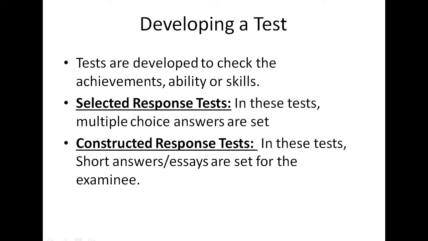And constructed response test. In these tests, short answers or essays are set for the examinee. So how would you test the ability, skill or achievement here? The examinee is required to write short answers to certain questions, or he or she would have to write short essays, and these types of tests are called constructed response tests.